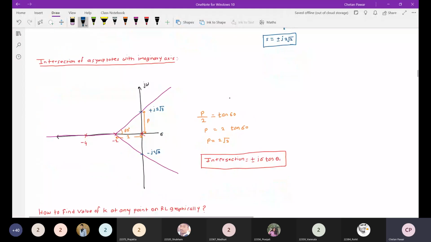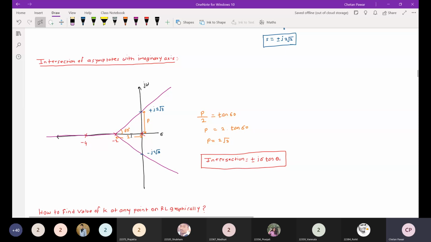Now the intersection of asymptotes with the imaginary axis. In the previous root locus, we have seen that there are 60, 180 and 300 degree angles of asymptotes. If you want to find where the asymptote intersects the imaginary axis, you can simply use these angle conditions.